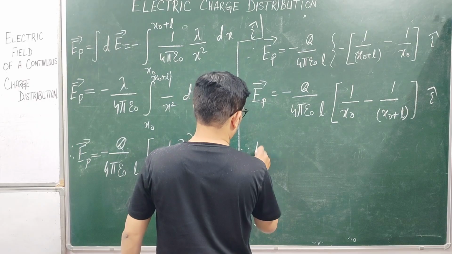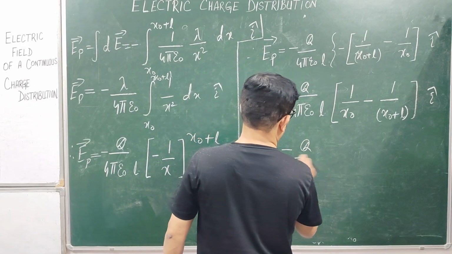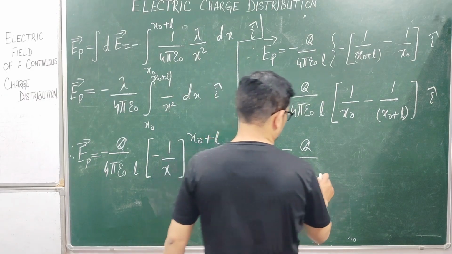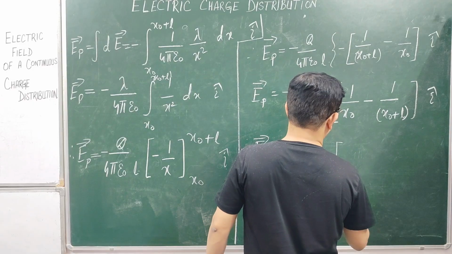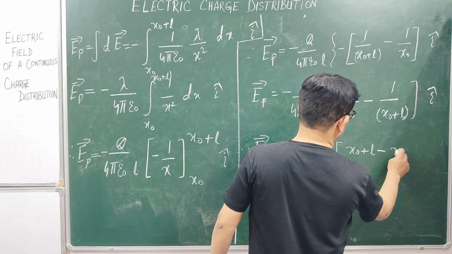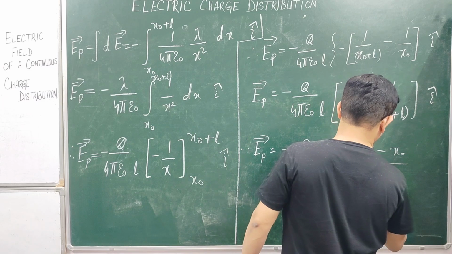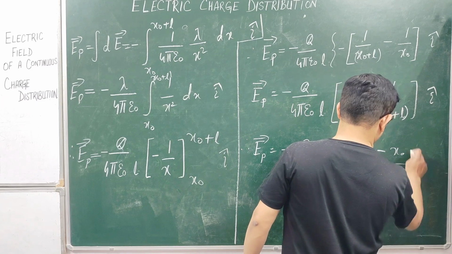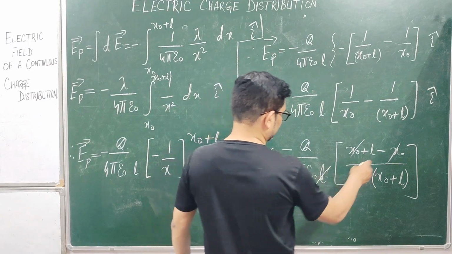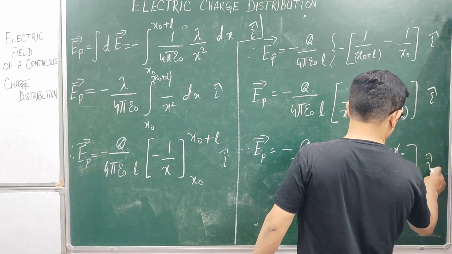So therefore we get the final expression as minus Q over 4 pi epsilon naught L, and then this comes out to be x naught plus L minus x naught. If you simplify this, it is x naught times x naught plus L. This is what we get. X naught gets cancelled, and then this L you can cancel it out. So finally we are getting this in this way.